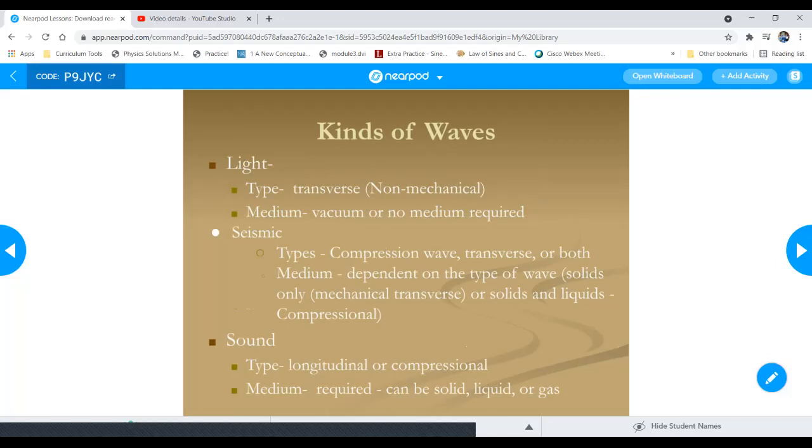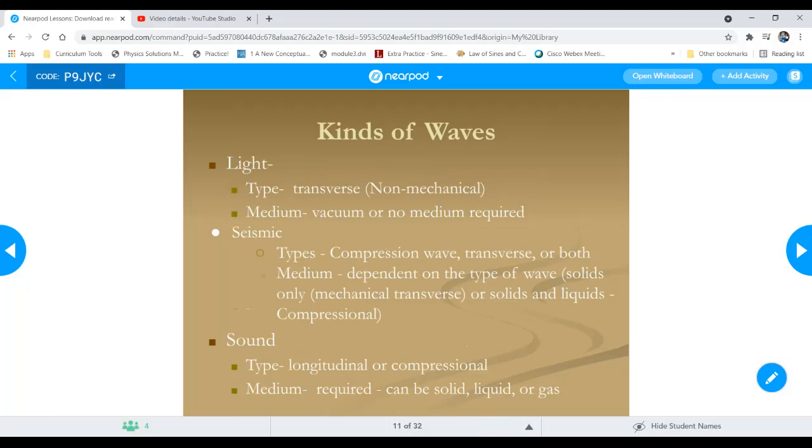And the kinds of waves that we're going to deal with are light waves. And remember, light waves are transverse waves, but they are non-mechanical. That means they can travel in a vacuum, that they don't have to travel through a solid, a liquid, or a gas, but they can.